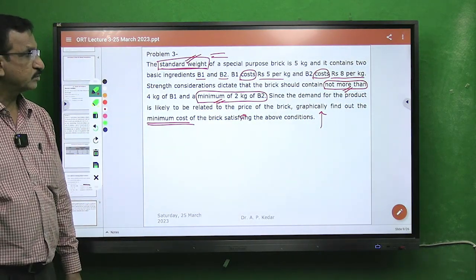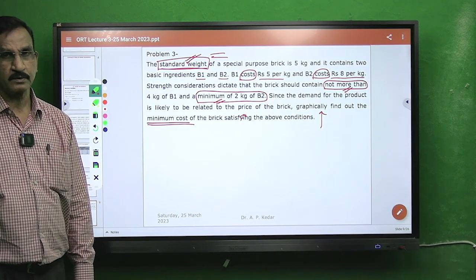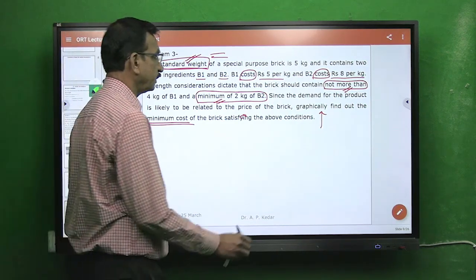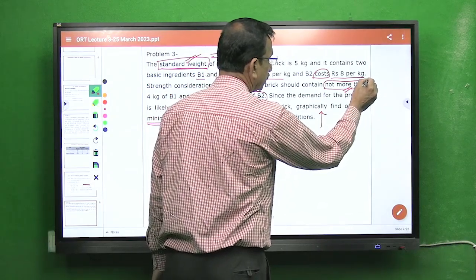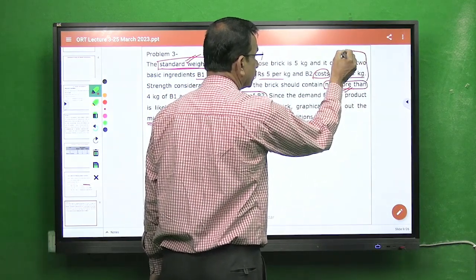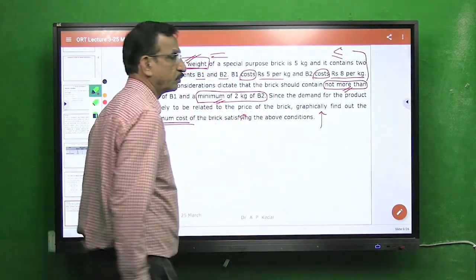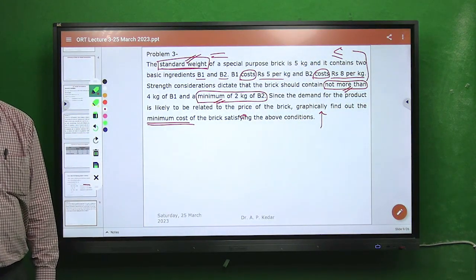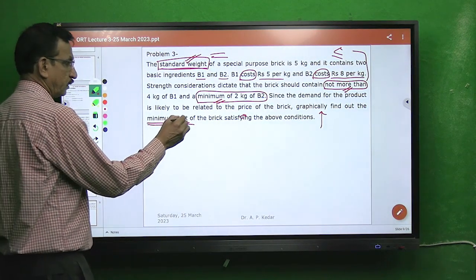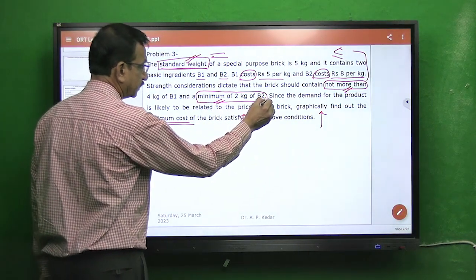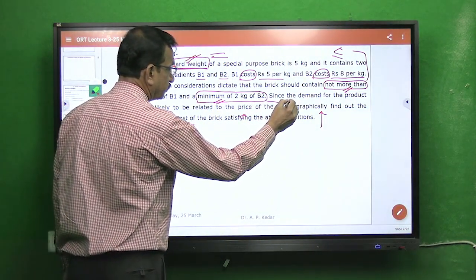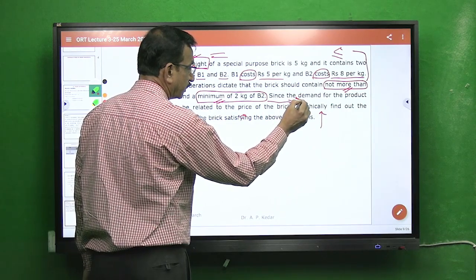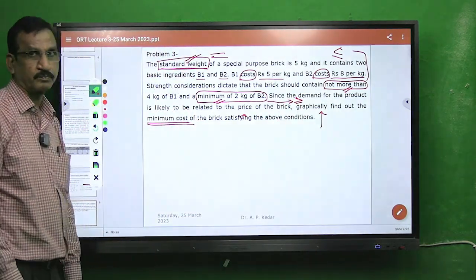Second, when it is not more than, an implied condition of maximum, the sign we will use here will be of the less than or equal to type. Getting it? And for a minimum condition, the sign used will be greater than or equal to.